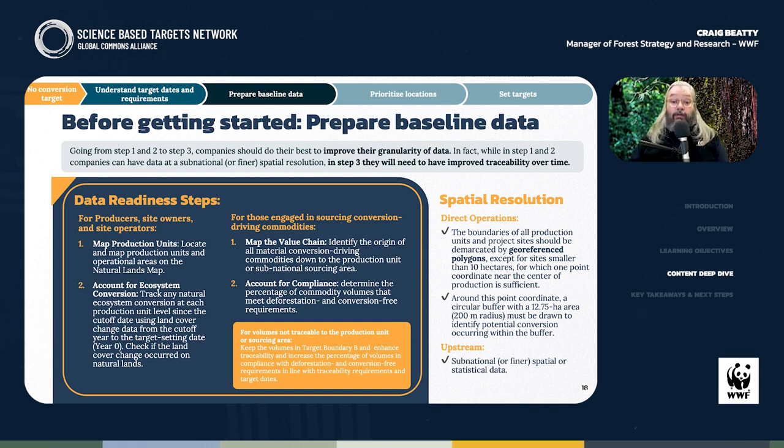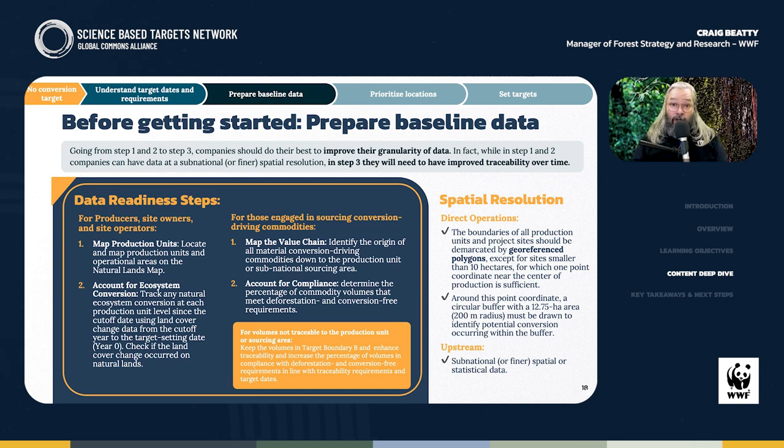For those sourcing conversion-driving commodities, they must first identify the origin of all material conversion-driving commodities, those listed in Annex 1A of the methods, down to the production unit or sourcing area. Second, they determine the percentage of commodity volumes that meet deforestation and conversion-free requirements.